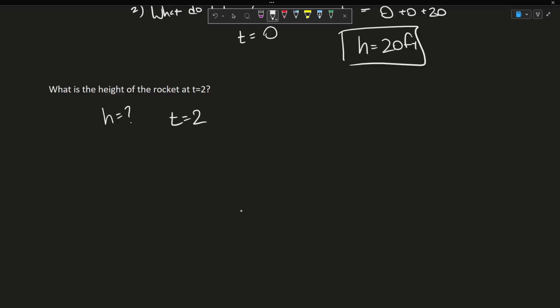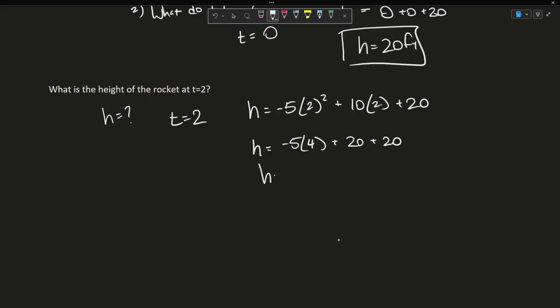So I use my formula. h equals negative 5t squared plus 10t plus 20. I solve. h equals negative 5 times 4 plus 20 plus 20. So h equals negative 20 plus 40. My height is 20 feet.